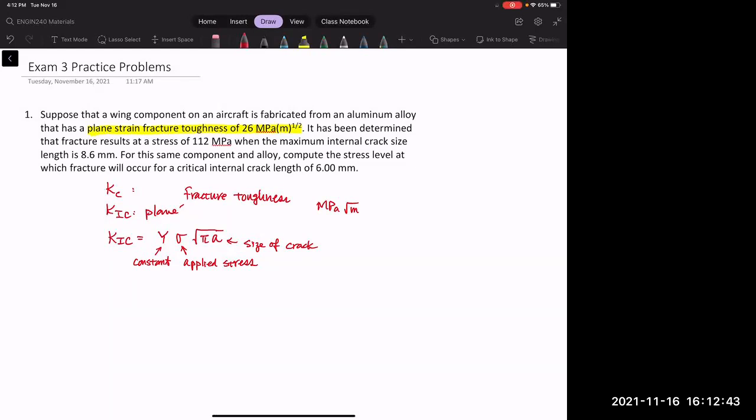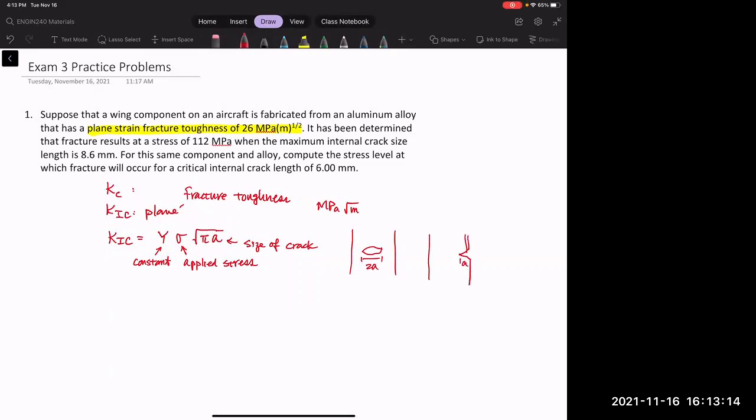If it is internal, then you have to divide by 2. That's another important thing. A lot of people make mistakes by not paying attention to the size of the crack. When the crack is inside, this is 2a. If you have the crack on the surface, this is a.